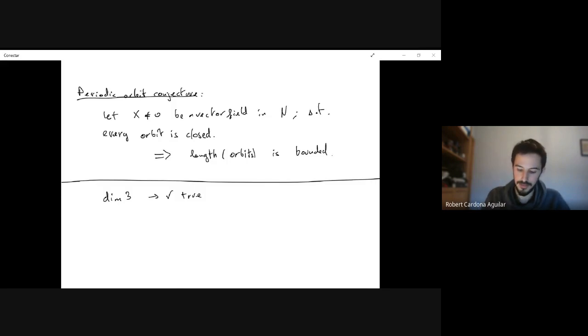In dimension 3, this is true. I don't know who proved this. Epstein, I think. And then in dimension 5, Sullivan constructed a counterexample.